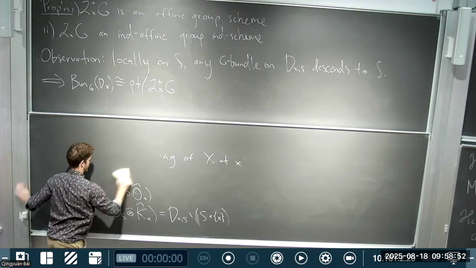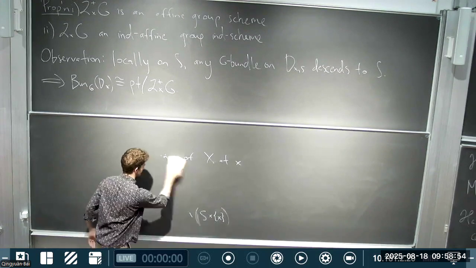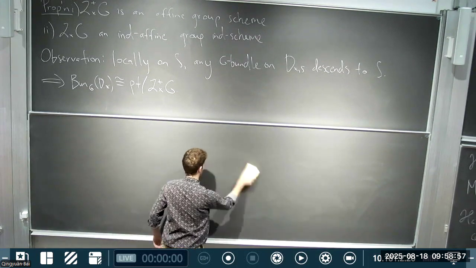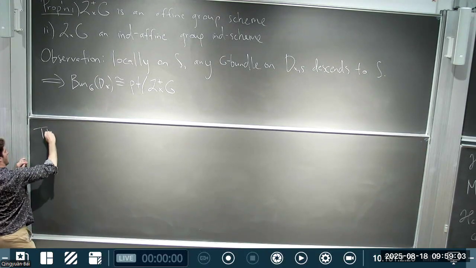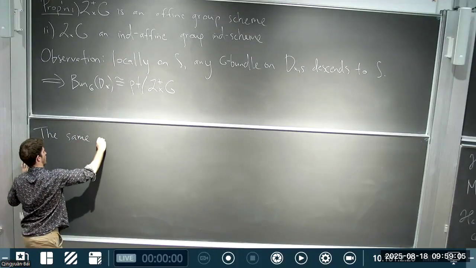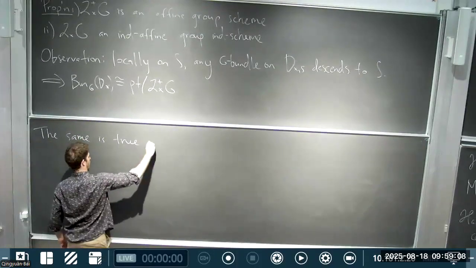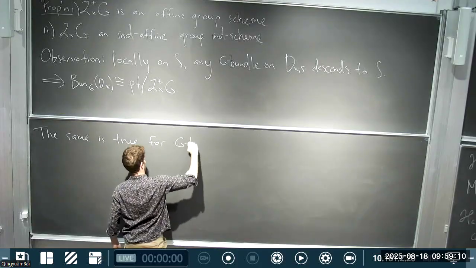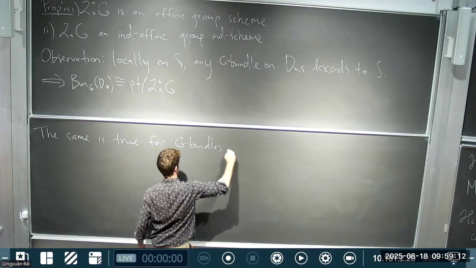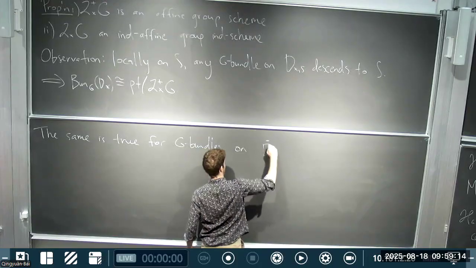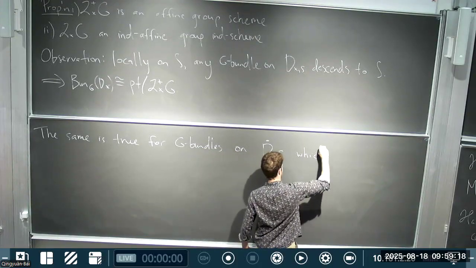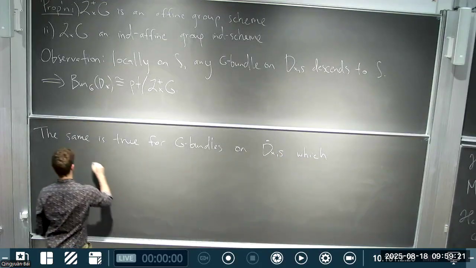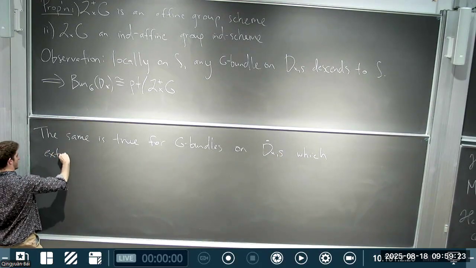So what does this tell us about, first, let me say, what does it tell us about G bundles on loops? So the same is true for G bundles on the punctured disk, and there's a small caveat here of technical nature, which is that I have to say it's true for G bundles which admit some extension to the entire disk.